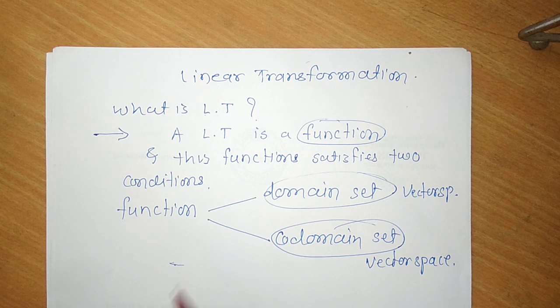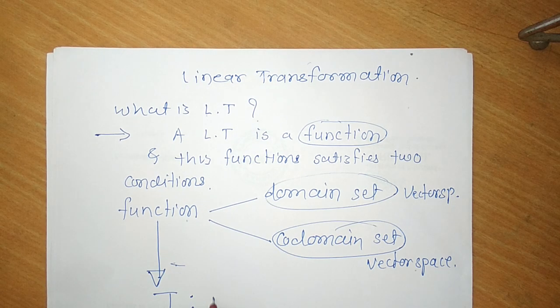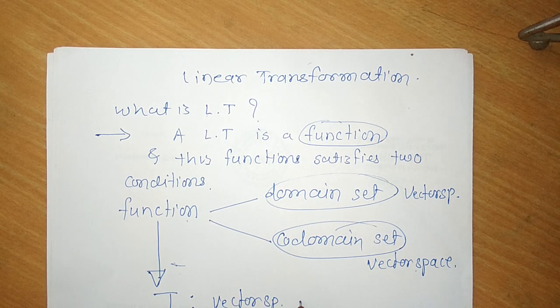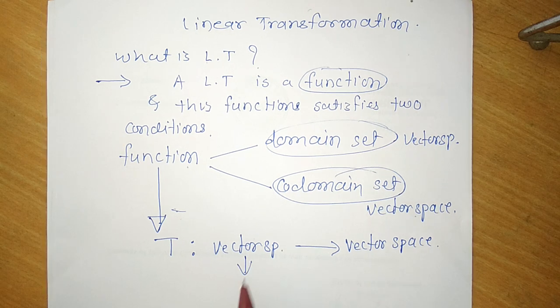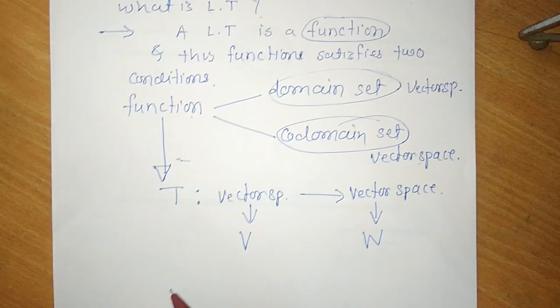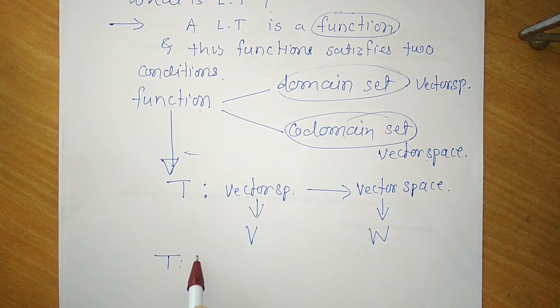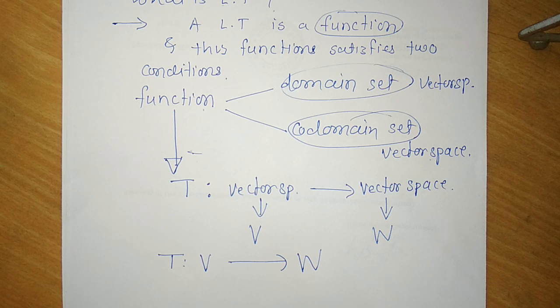So a linear transformation is a function from one vector space to another vector space, denoted T from V to W, where V is the domain and W is the codomain.